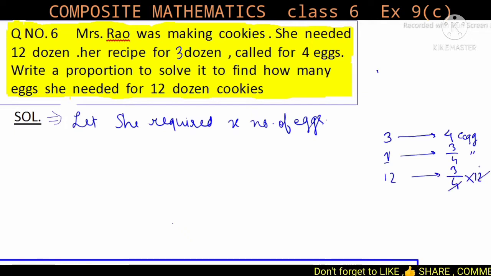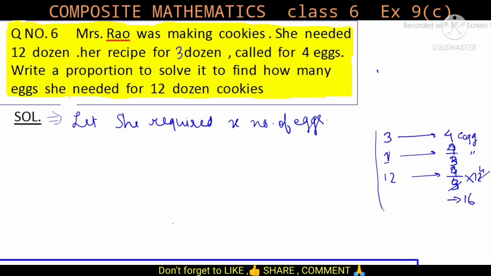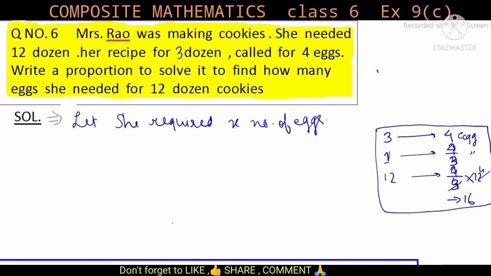Sorry, it is 4 by 3, I have written 3 by 4. So, it is 4 by 3, and 4 fours are 16, means 16 eggs required. But in this way we are not going to find out, we are going to find by the method of proportion.